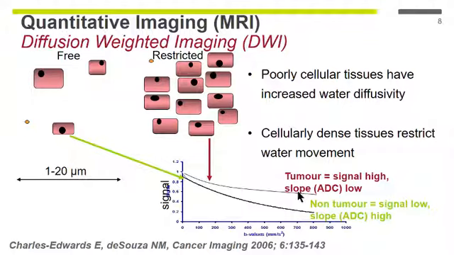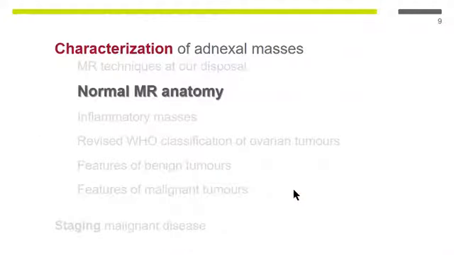So at a high B value, as Avis has so elegantly shown you, a tumor shows a high signal intensity, but on the ADC map, the rate of change of that signal intensity or the slope of that line is much lower, so it appears as darker. But we can quantify that, and that's what's important.